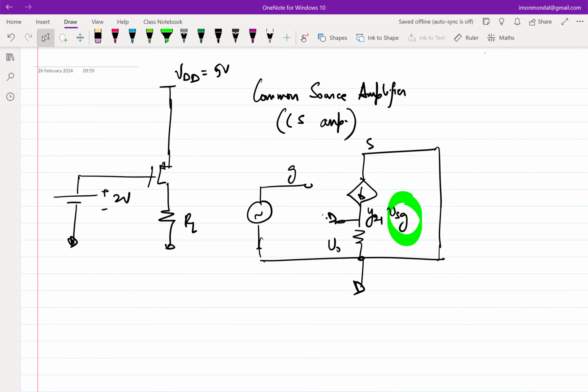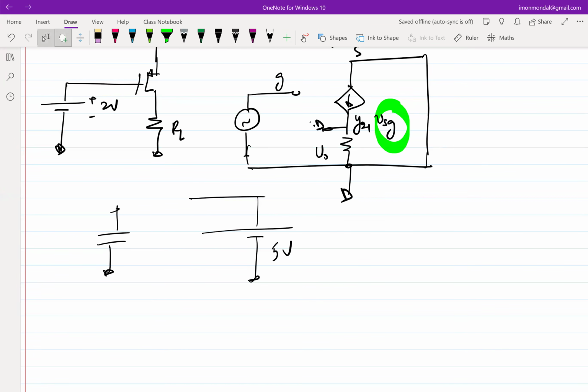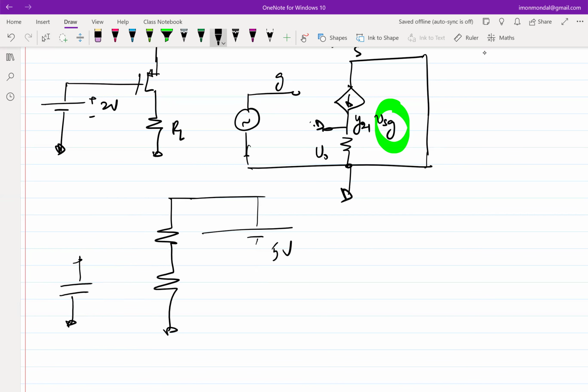We have a 5 volt battery, and I have a capacitor which needs to be charged to 2 volt. So what should I do? Voltage divider, right? Great. So let's put a voltage divider here.